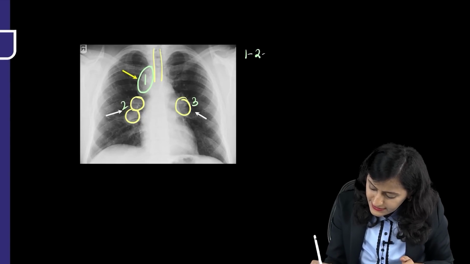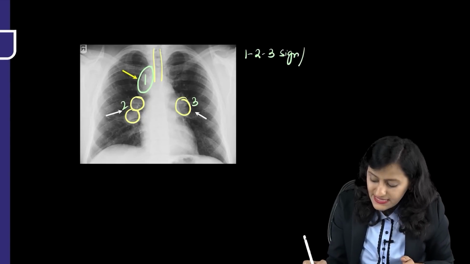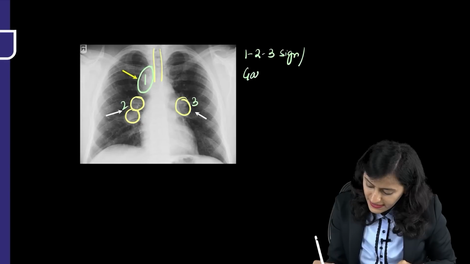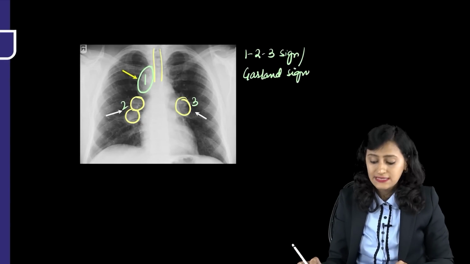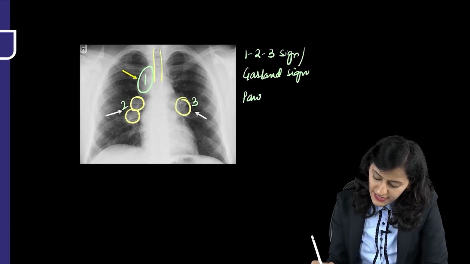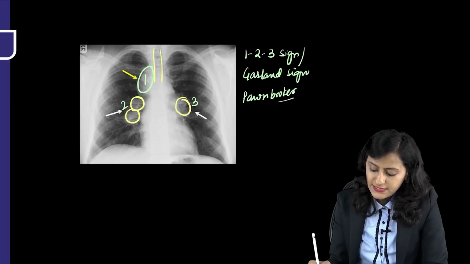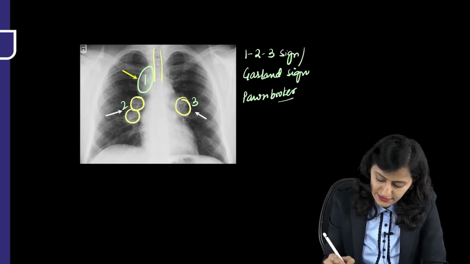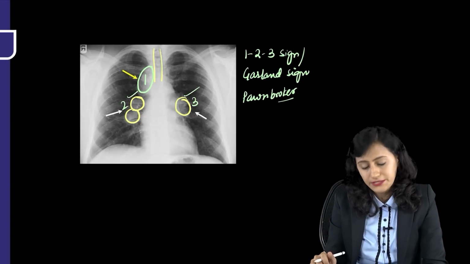This is called the 1, 2, 3 sign, right? This is like a garland of lymph nodes, also called the Garland sign, which is actually the name of the person who gave this sign. The 1, 2, 3 sign or the Garland sign, also called the pawnbroker sign, is what we have in sarcoidosis. The bilateral hilar lymph nodes is very, very important.